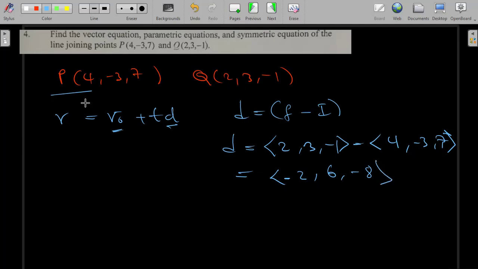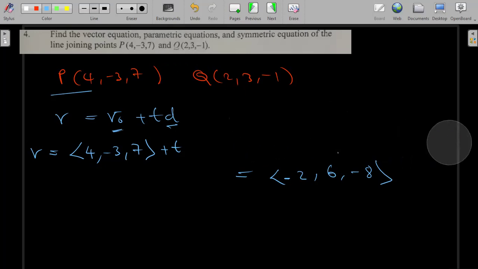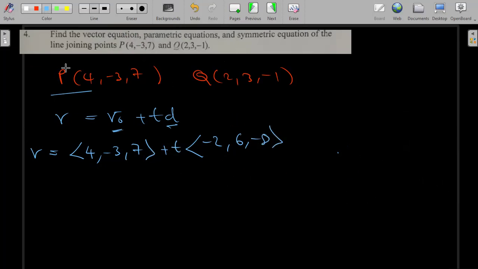What does this mean? My vector equation r is going to be the initial point, our starting point vector, which is 4, -3, 7, plus t times our direction vector, which is -2, 6, -8.